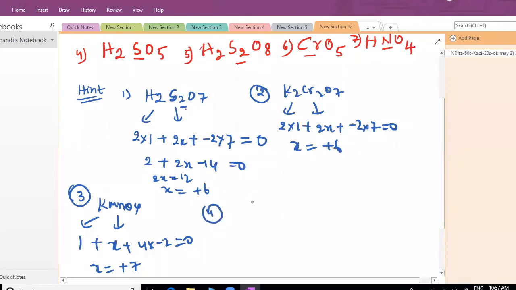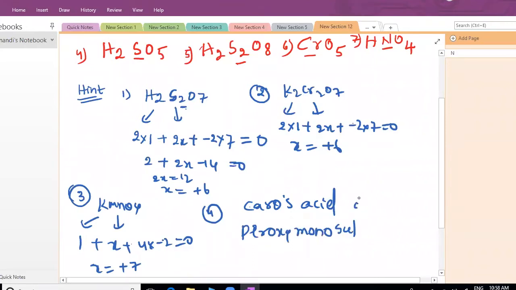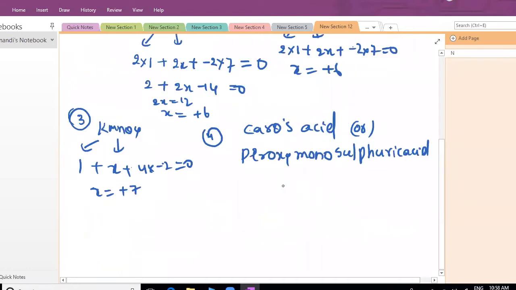This is what we call Caro's acid, or peroxymonosulfuric acid. Sulfur double bond O. This is the structure.